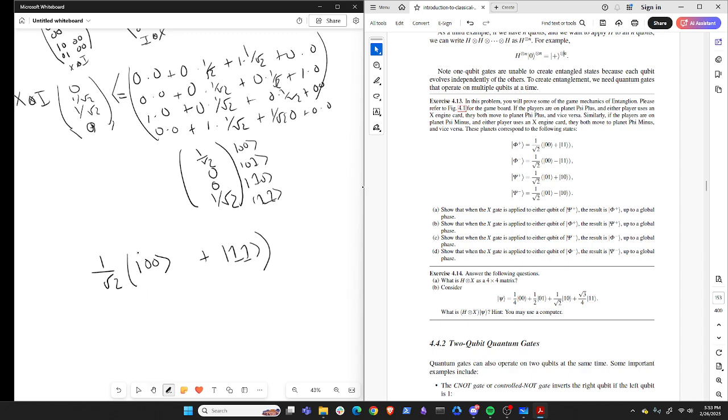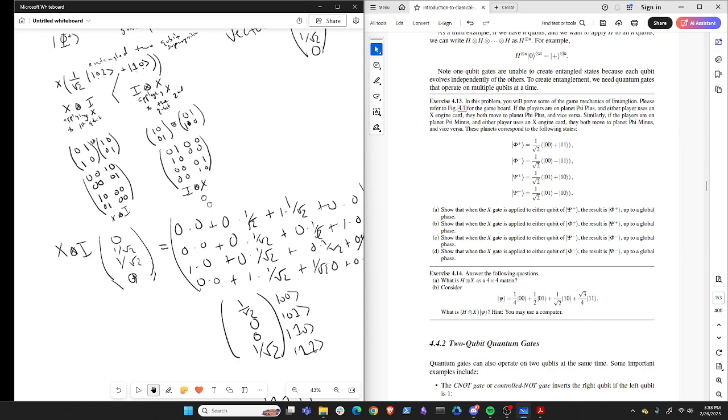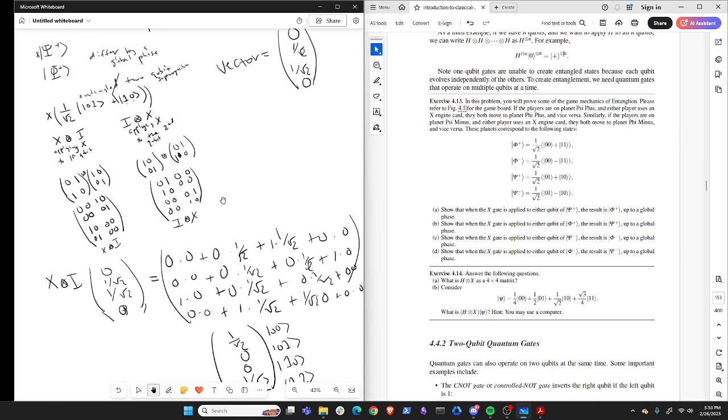But yeah, so we could do it the other way as well, just to see. I don't think that's necessary for us to work through that as well. It's the same process.